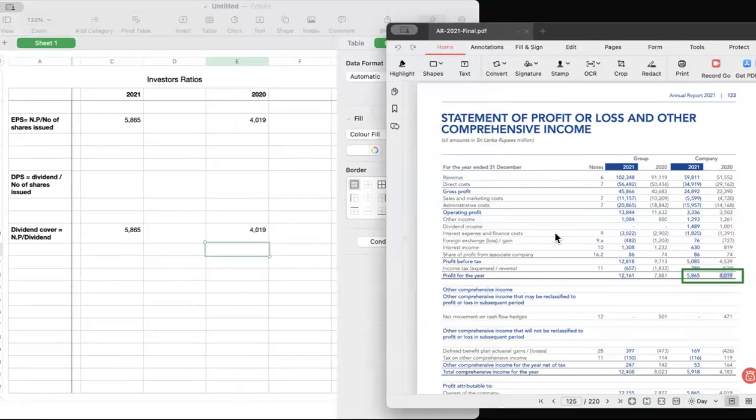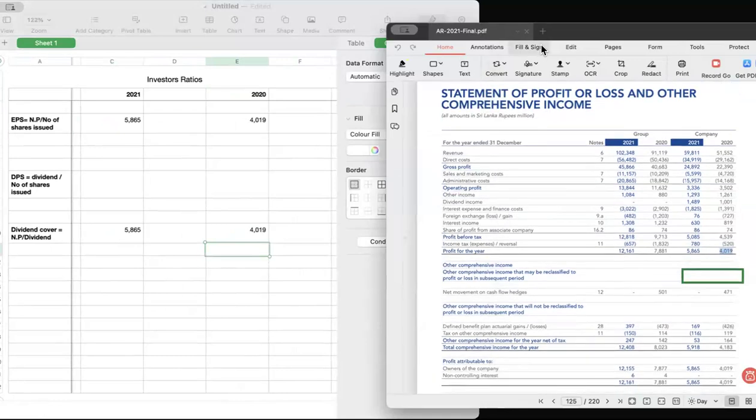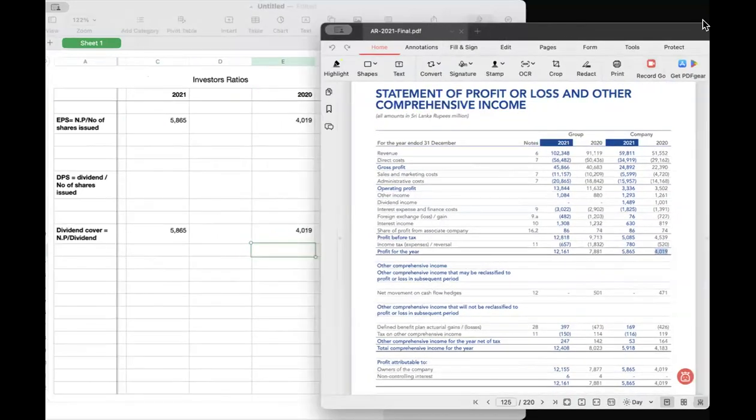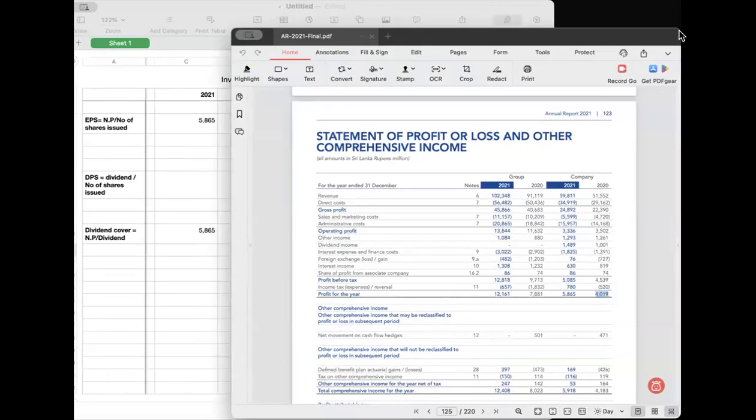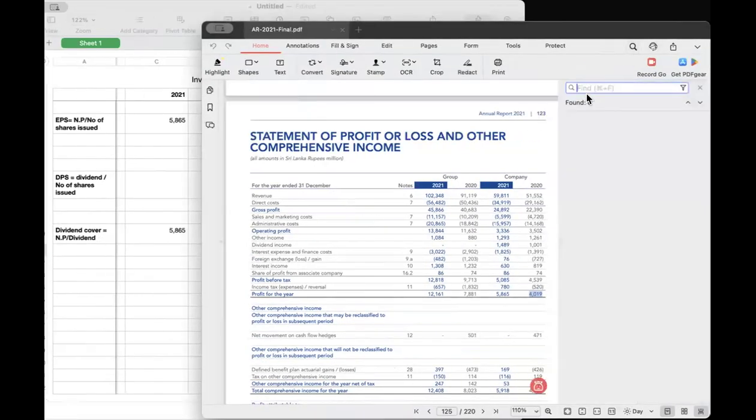So the number of shares issued will be given by the company. So you just have to search for it. Where is the search? Oh, there you go. So you can just write number of shares.